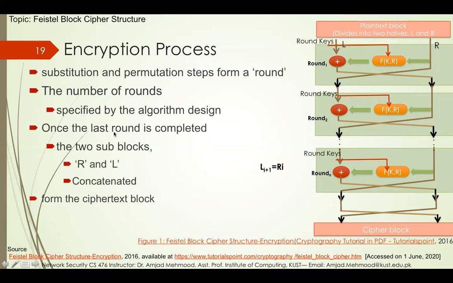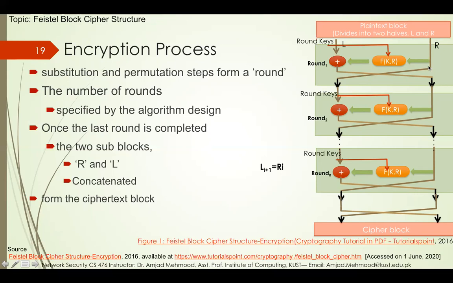Once the last round is completed, the two sub blocks, L and R, will be generated, and they will be concatenated to form the cipher text. If you remember, at the beginning we divided the plain text into two halves, left half and right half.